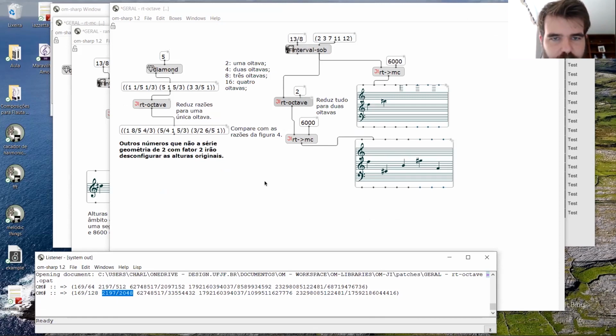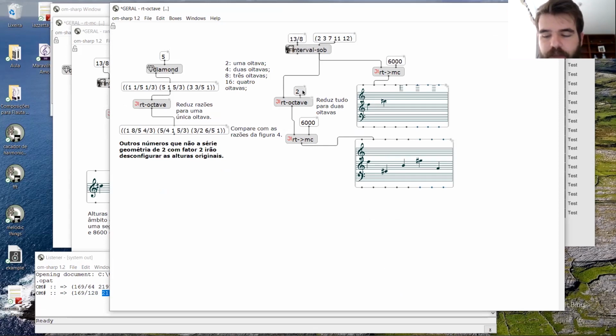This is important because the second inlet works in a different way. It works with the harmonic series. It will take the difference between the first harmonic of the harmonic series and the second, in this case.